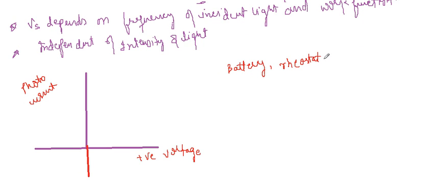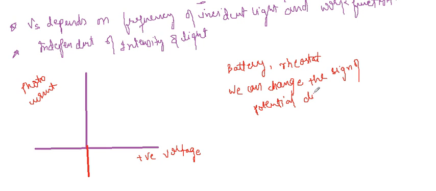We can change the sign of the potential difference, so it could be negative or positive. Suppose we draw a graph of photocurrent against voltage, and we regulate the voltage with the battery and rheostat.